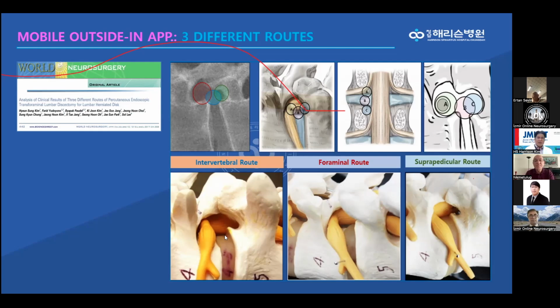Understanding this anatomy is very important for performing mobile outside-in procedures. You can see this configuration in my World Neurosurgery paper.